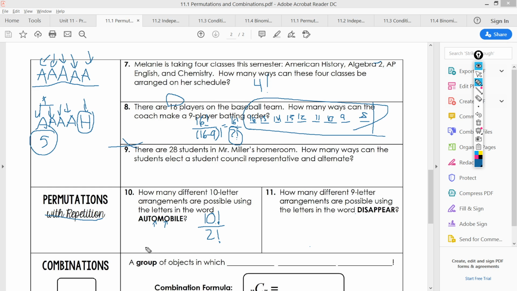That's the same thing as 10 factorial divided by our n minus r formula. 10 minus, well, how many letters are available for ordering? Well, it's 1, 2, 3, 4, 5, 6, 7, 8, right?